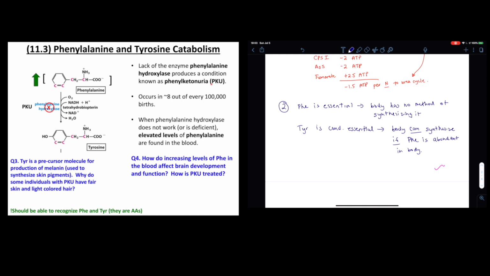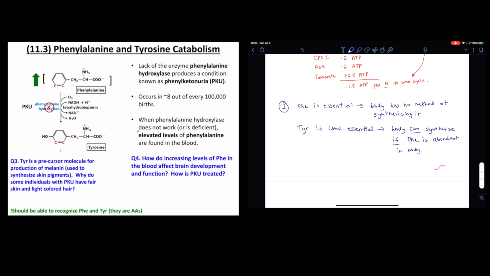So phenylketonuria, okay? So 8 out of every 100,000 births, there's going to be a mutational defect in this enzyme, which means that the individual who has this disease cannot convert phenylalanine into tyrosine properly. And so this person is going to have an increased concentration of phenylalanine in their bloodstream.